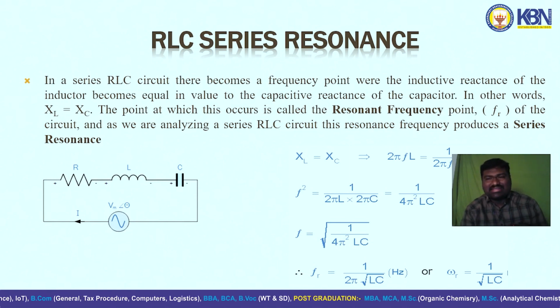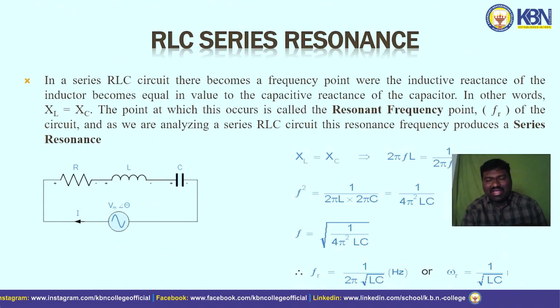XL equals XC, that is 2 pi FL, which equals omega L, equals 1 by omega C. Here omega is the angular frequency, omega equals 2 pi F. In place of omega we can write 2 pi F: omega L equals 1 by omega C, 2 pi FL equals 1 by 2 pi FC, F square equals 1 by 2 pi into 2 pi, that means 4 pi square LC. F equals the square root of 1 by 4 pi square LC, that is the resonant frequency FR equals 1 by 2 pi root LC. This is called the series resonant frequency.